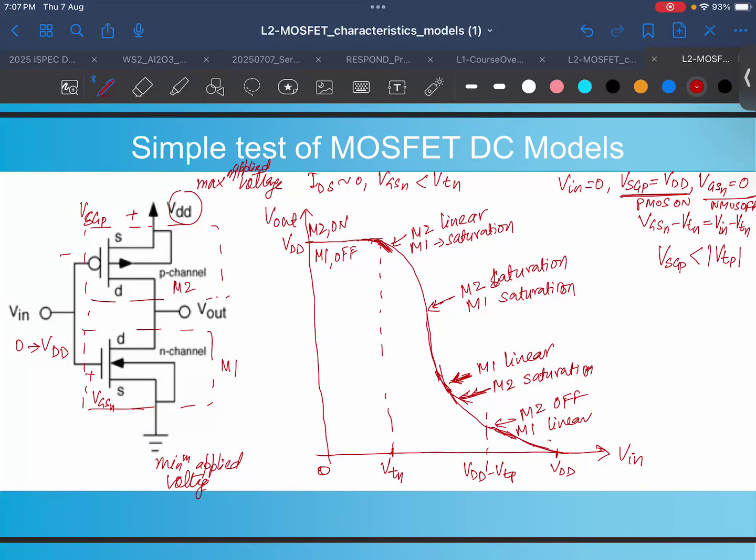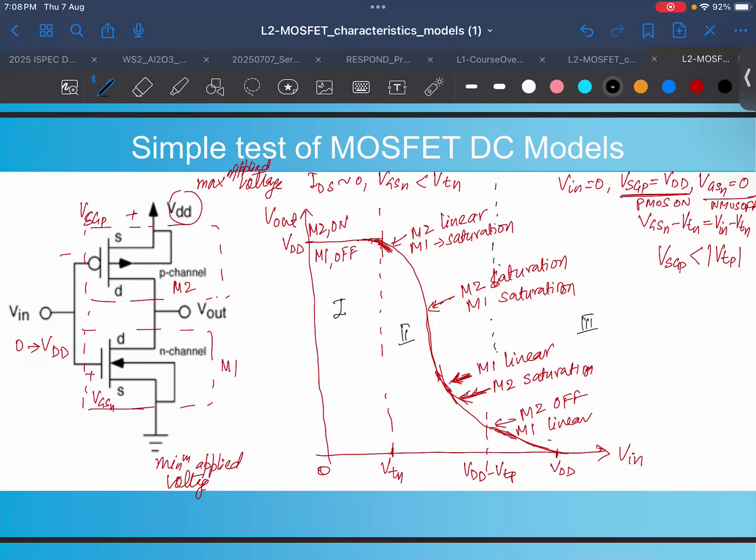So in the end, this is the basic DC characteristics of this particular CMOS inverter. And one can see clearly, as we were discussing, that if we divide it into three regions, this is region 1, this is region 2, and this is region 3.